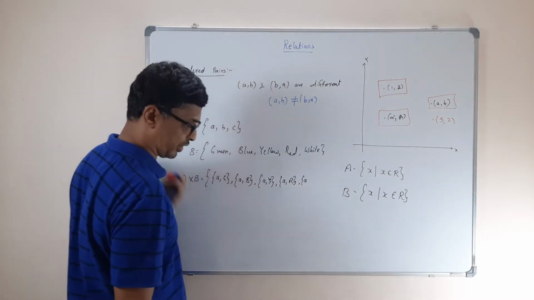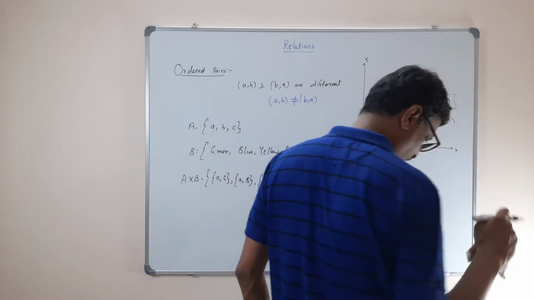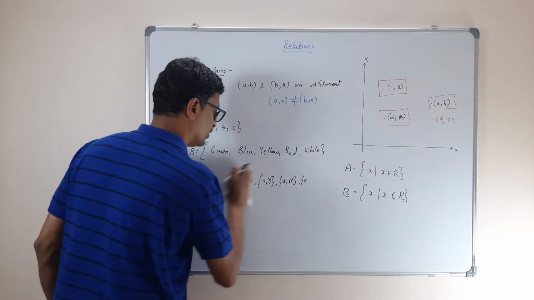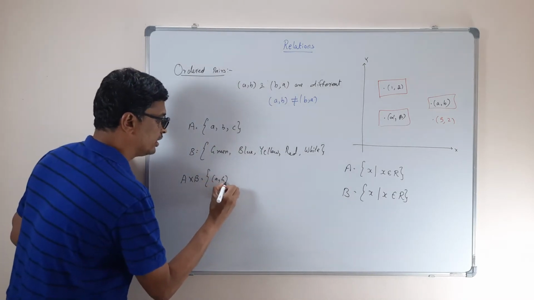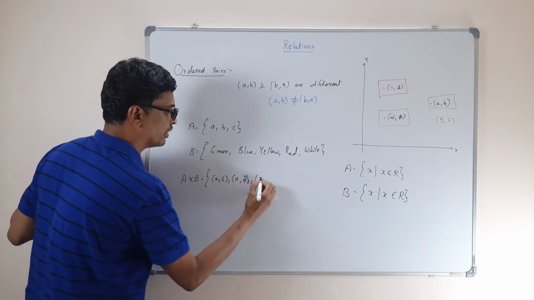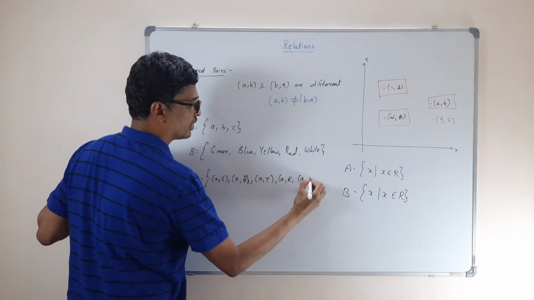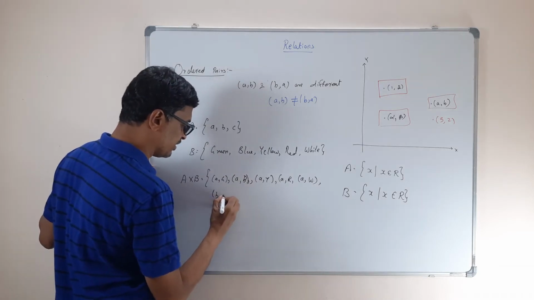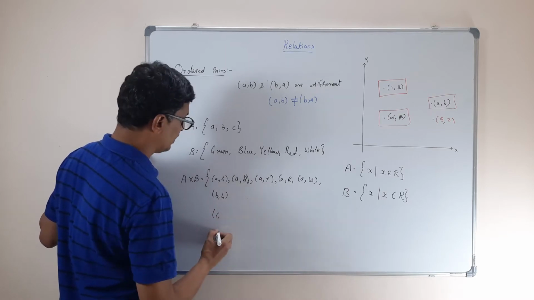Pairs, right? I have to use the normal bracket. A comma G, A comma B, A comma Y, A comma R, A comma W, and then B. Same thing for B: B comma G, it goes on, and then C, and that's it.